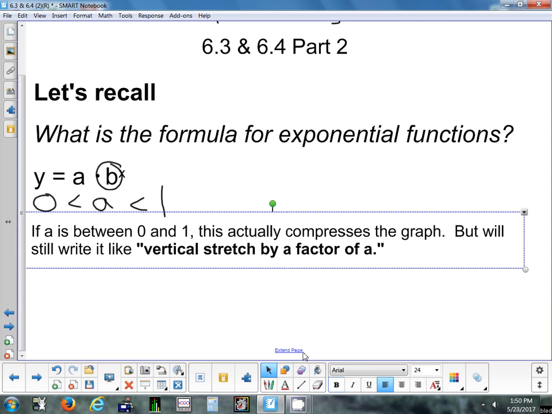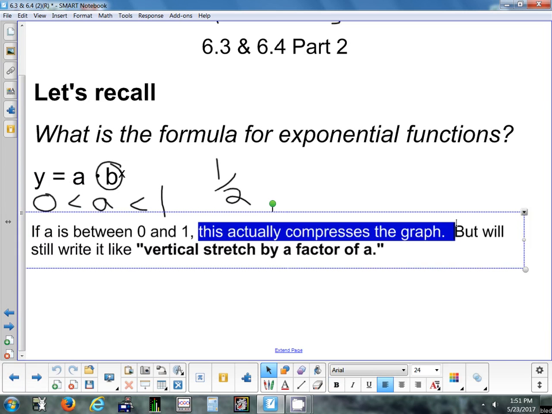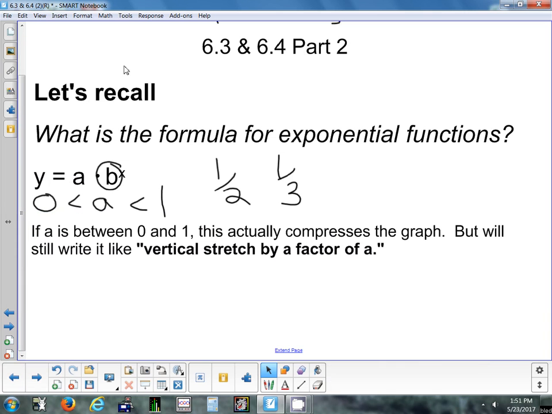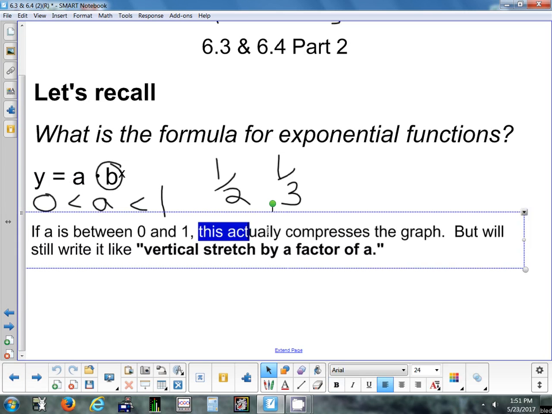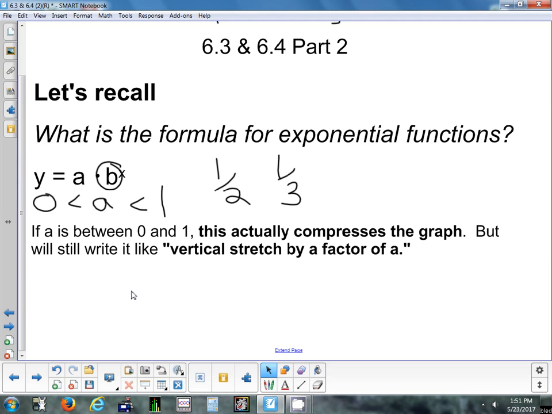Can somebody give me a number that's between 0 and 1? 1/2, sure. 1/3. What's another thing that's between? 3/4. How about 0.36?